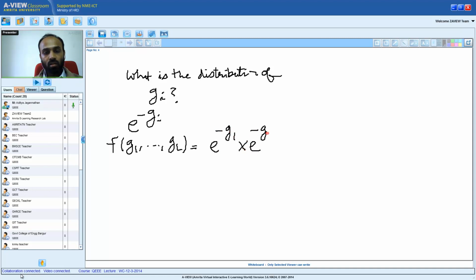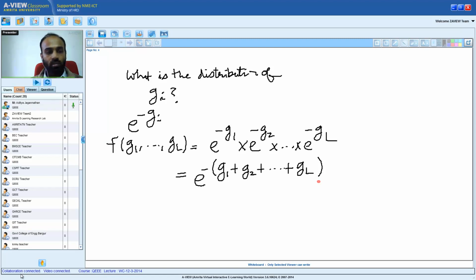Therefore, e to the power of minus g1 into e to the power of minus g2 up to e to the power of minus gL, which is basically e to the power of minus (g1 plus g2 up to gL). That is the correct answer.